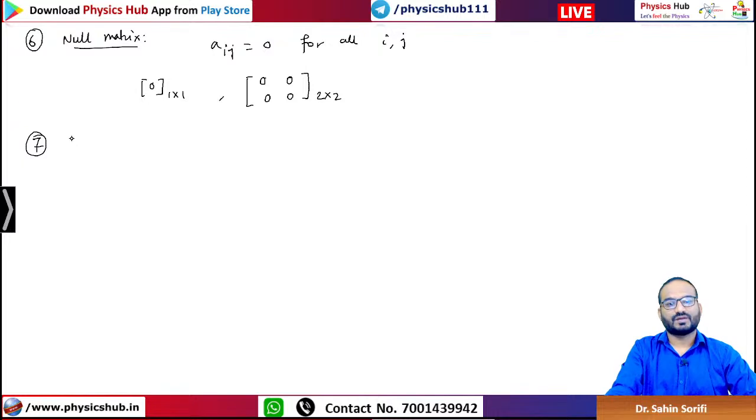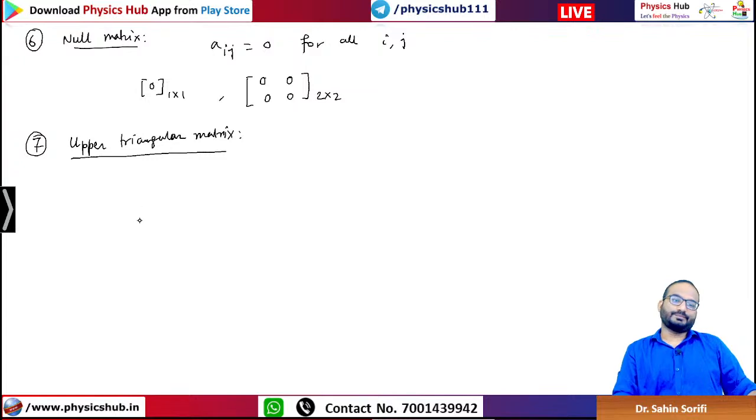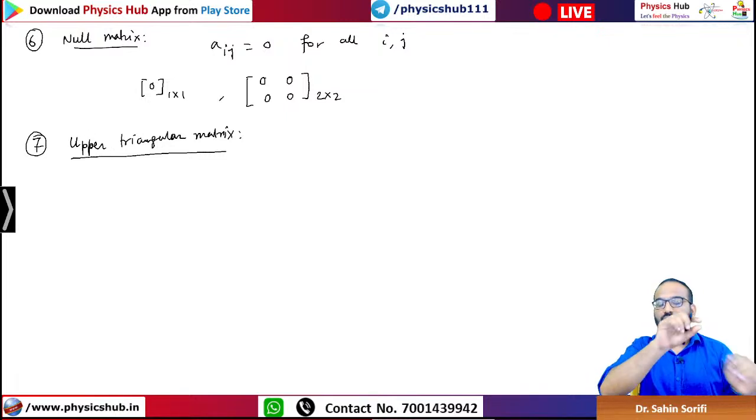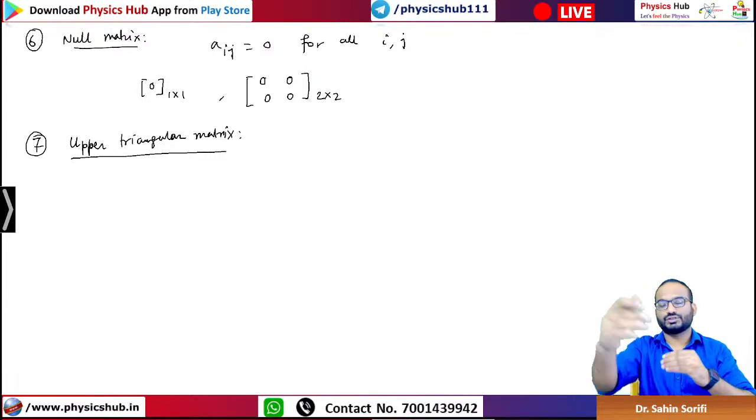Number 7, upper triangular matrix. Look, triangular matrix means the non-zero elements will be there in the triangular form. Okay, this is the first thing, triangular. Upper means the non-zero elements will be in the upper portion.